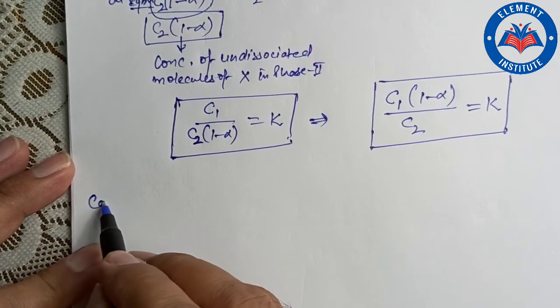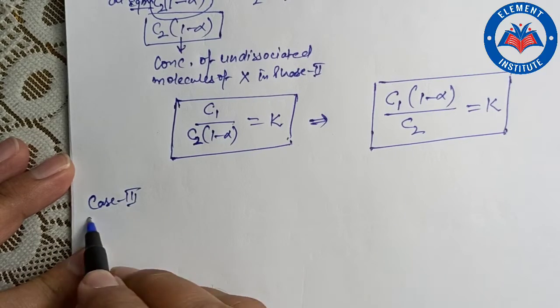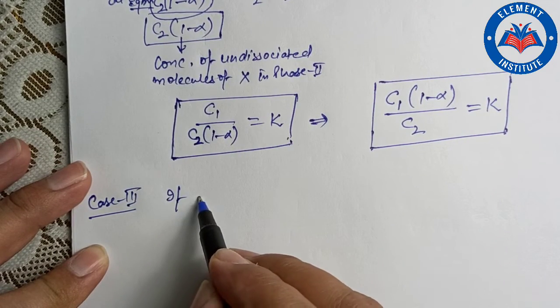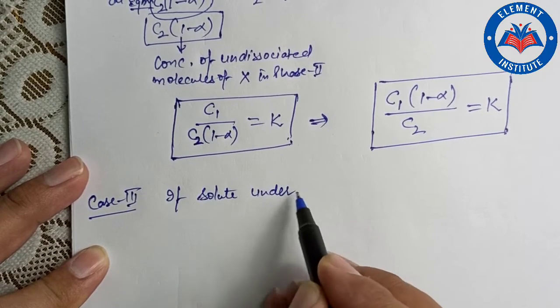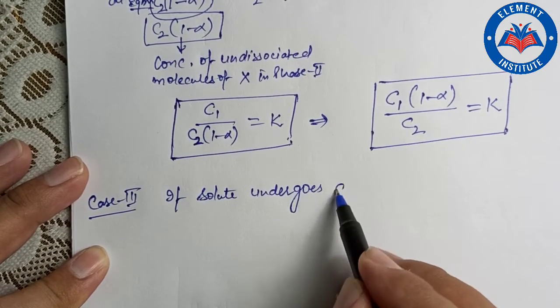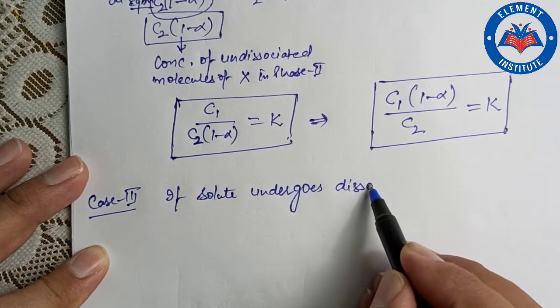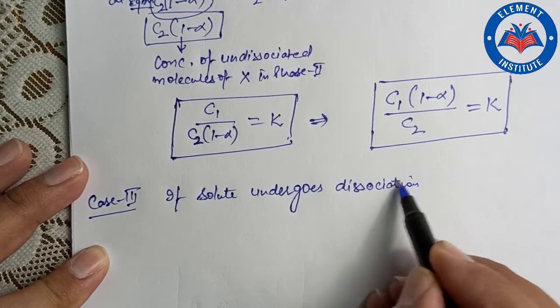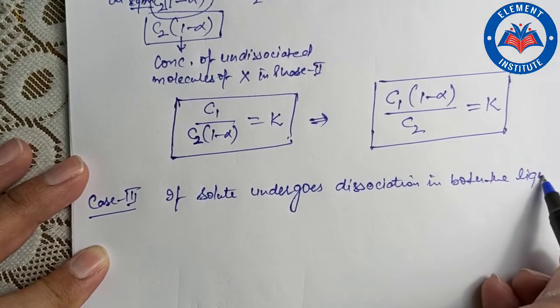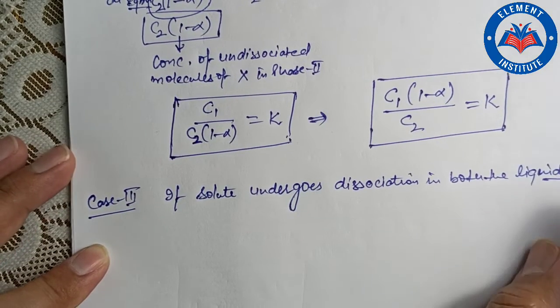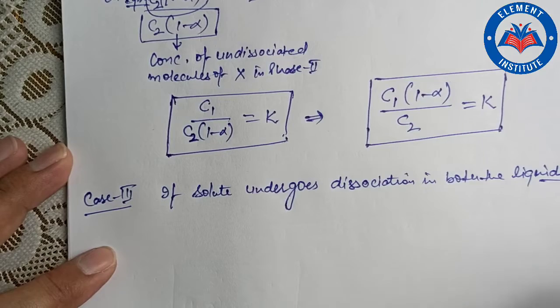And the third case is when the solute undergoes dissociation in both the liquids, then what will be the modified relation?